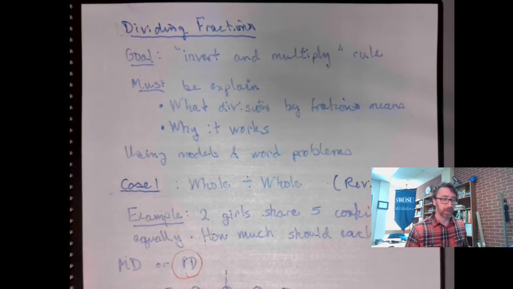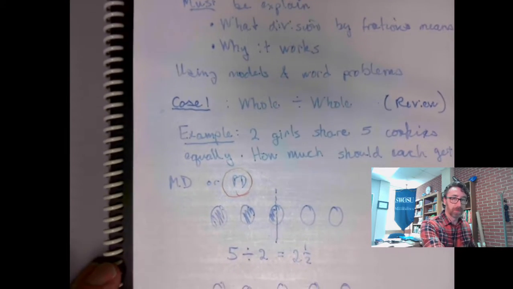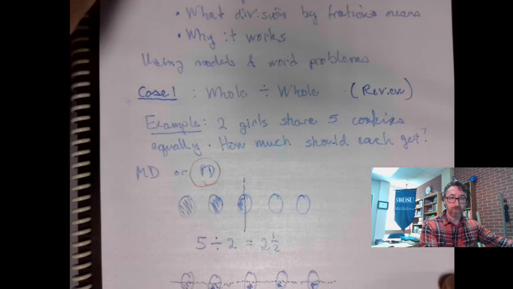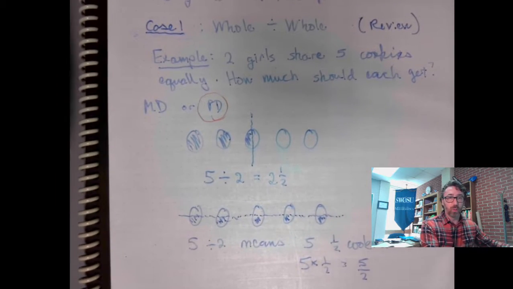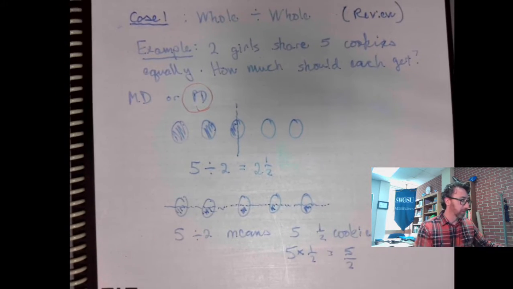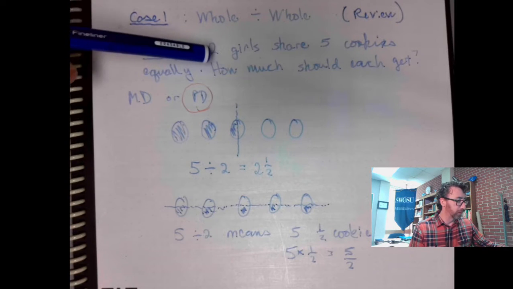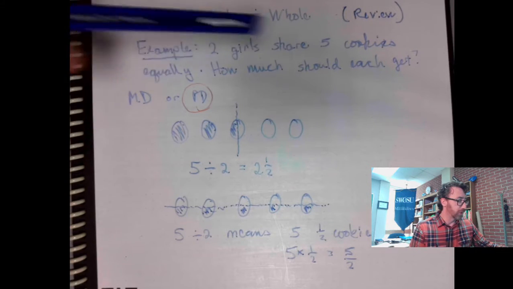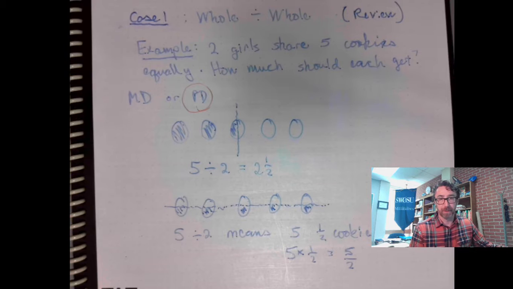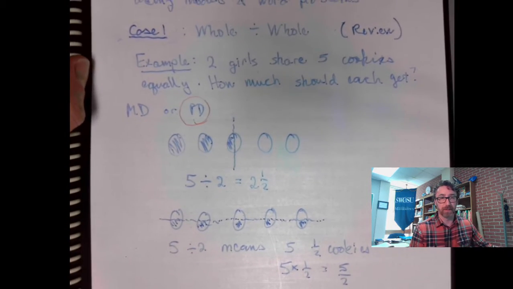So let's start with a review here. Case 1 is going to be a review of division of whole numbers. Okay, in this example, let's say 2 girls share 5 cookies equally. How much should each get?